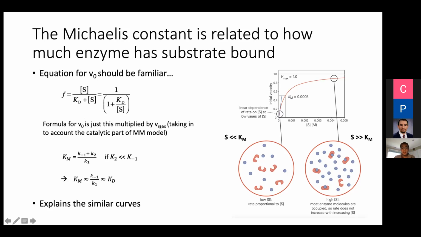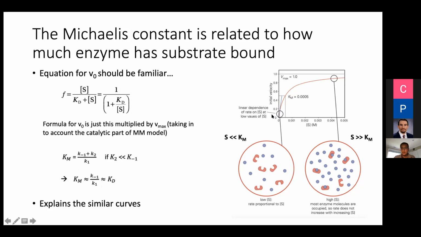Another way we can see how similar these two concepts are is in the Km and the Kd constants. This is the equation for Km. And when the K2, or the rate of catalysis, is much, much slower than K minus 1, this Km becomes essentially K minus 1 over K1, which is exactly the same as Kd. So again, showing how similar these two events are. And as you notice, look at the graph here.